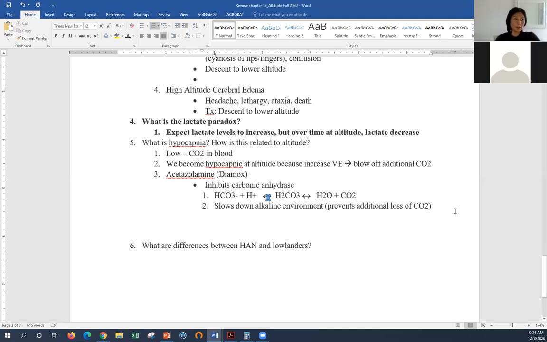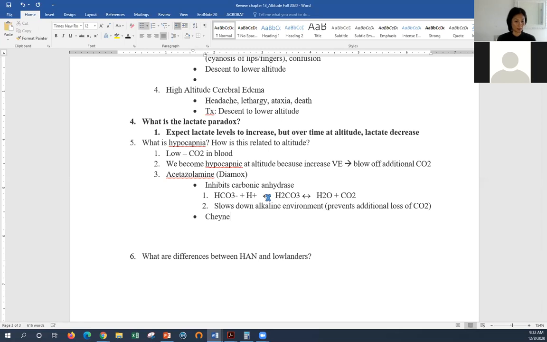So when we take Diamox, remember it was in the Cheyne-Stokes breathing. Remember it was the loss of CO2 that's detected by our chemoreceptors that tells our CNS to signal to our respiratory muscles to stop breathing.